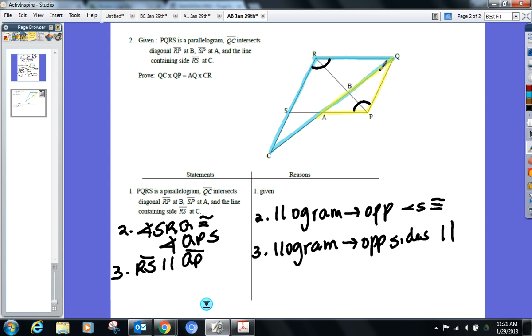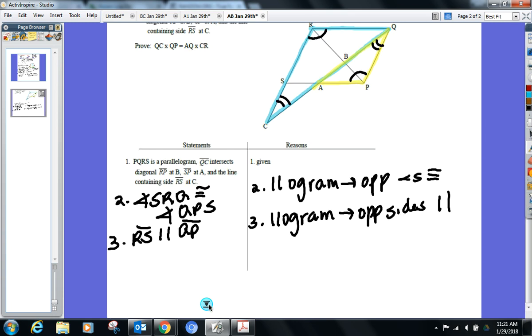This one right here? Yeah. With what other one? This one? Okay, they are alternate interior and they are congruent, but not from these parallel lines. I need to extend RS to RC. So now in step 4, if you wanted that, you could say RC now is parallel to QP.